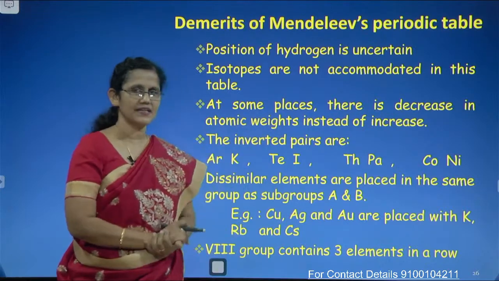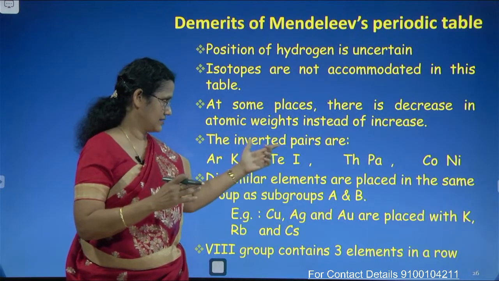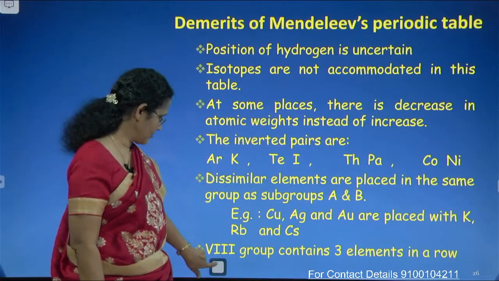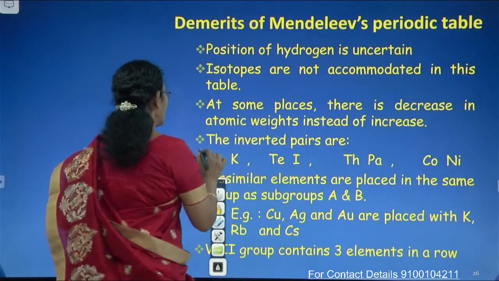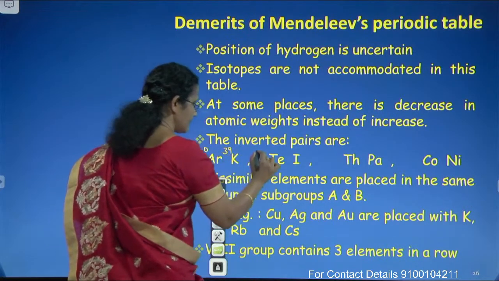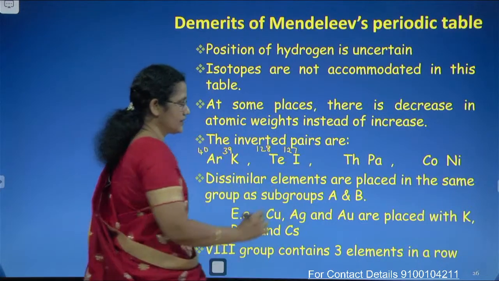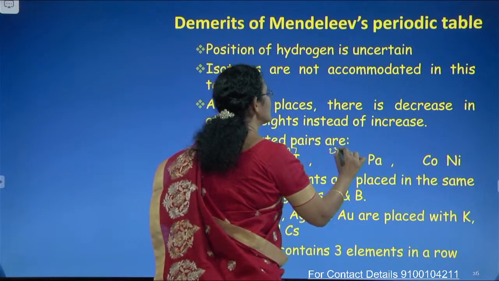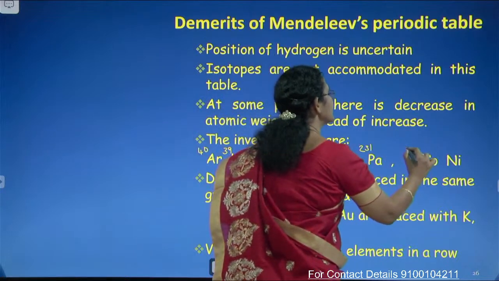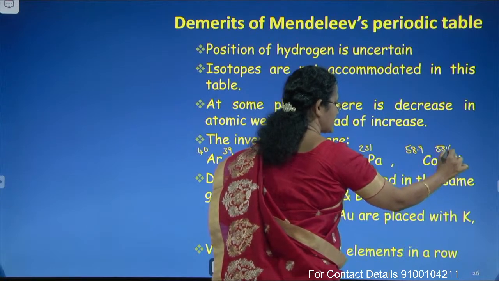At some places, instead of an increase there is a decrease in atomic weights. For example, argon and potassium, which we have just now discussed: argon 40, potassium 39, tellurium 128, iodine 127, thorium 232, protactinium 231, cobalt 58.9, nickel 58.6.